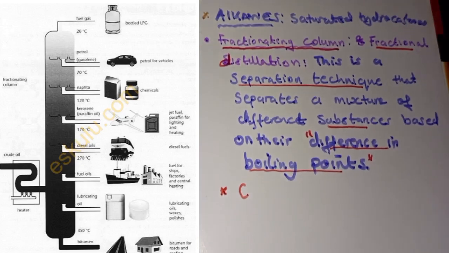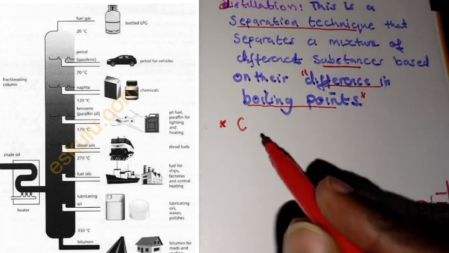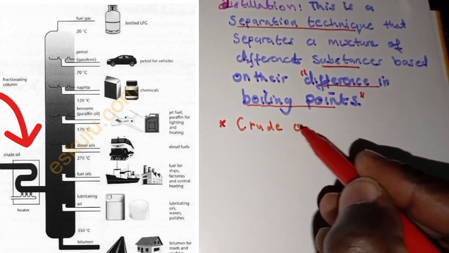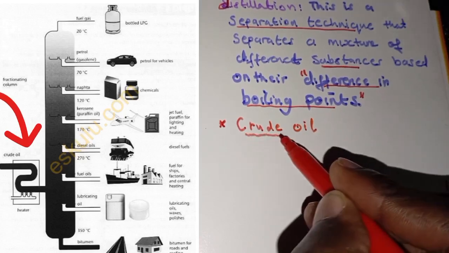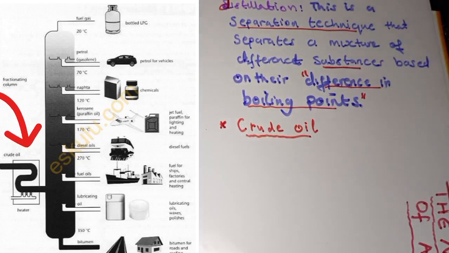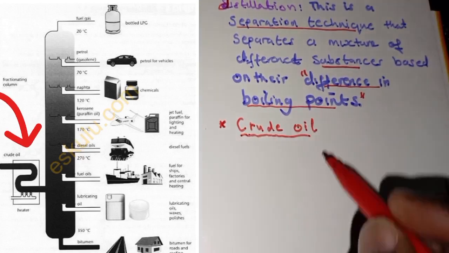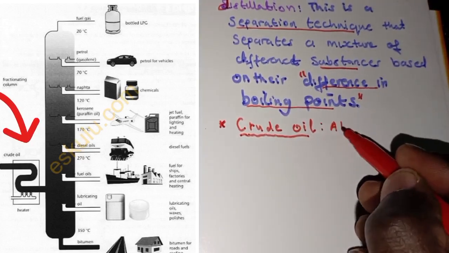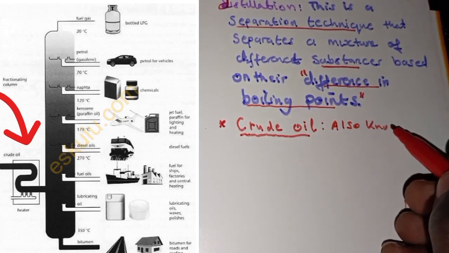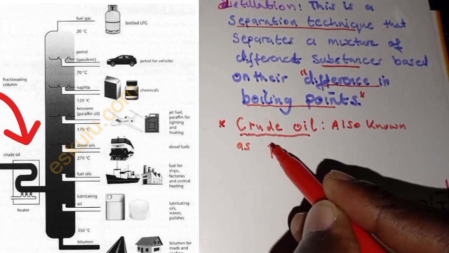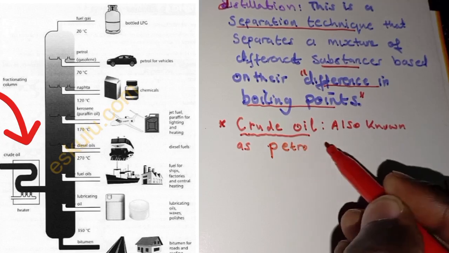Here we get a substance that we call crude oil. Crude oil is an oil that can be gotten from underground, also known as petroleum.